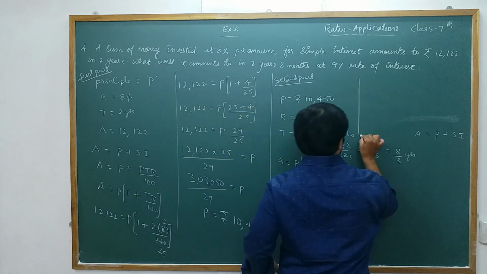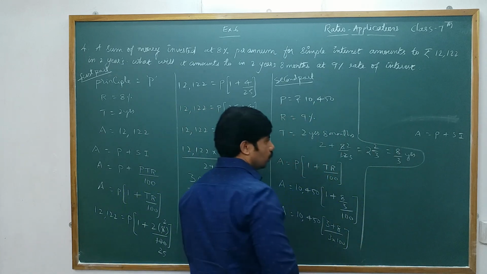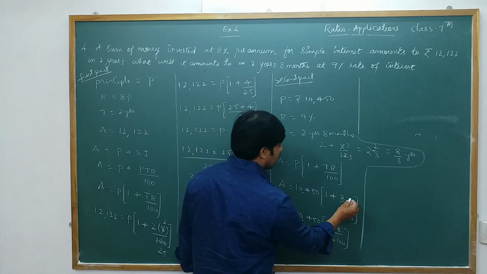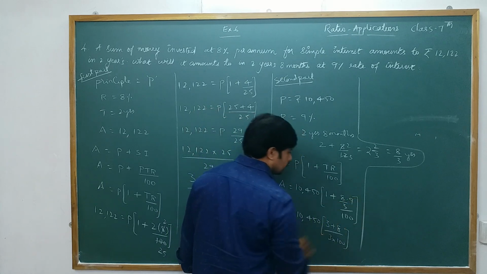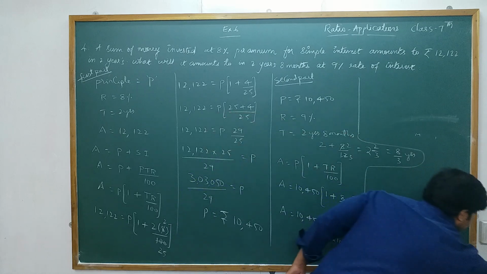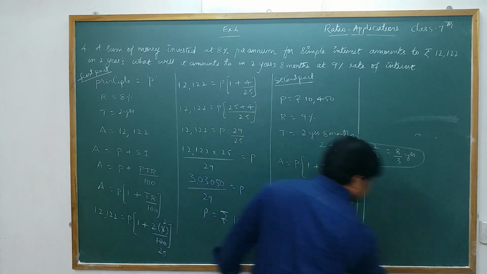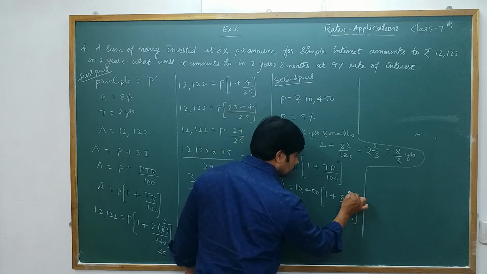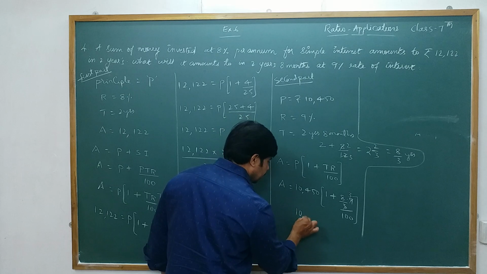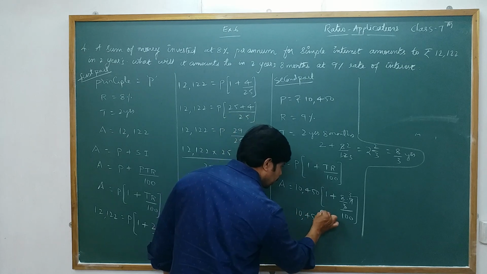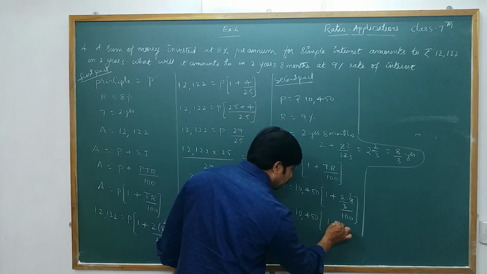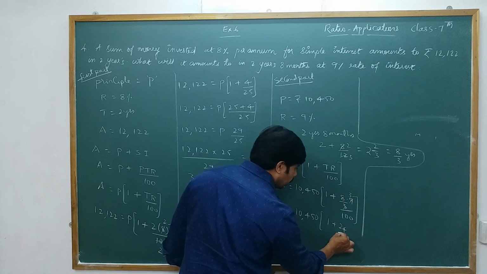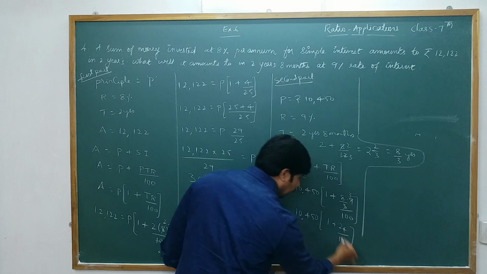Now we will calculate this value. We substituted T, but what is R? R is 9. So here we substitute R as 9. 3 1s are 3, 3 3s are 9. So we get 10,450 into 1 plus 24, because 8 into 3 is 24, by 100.